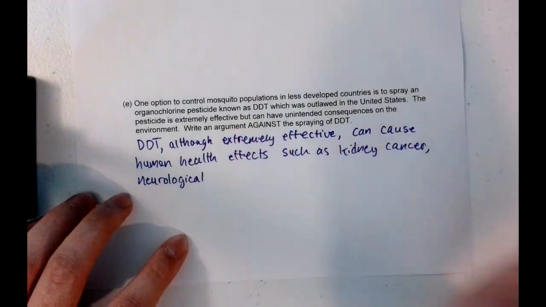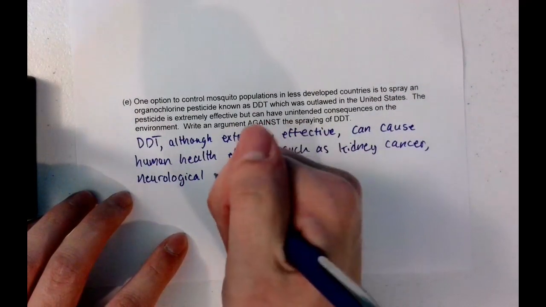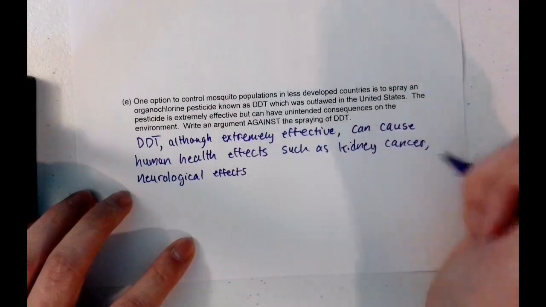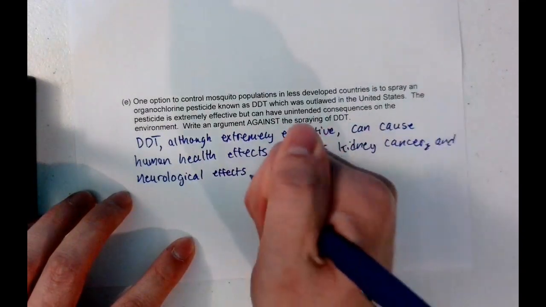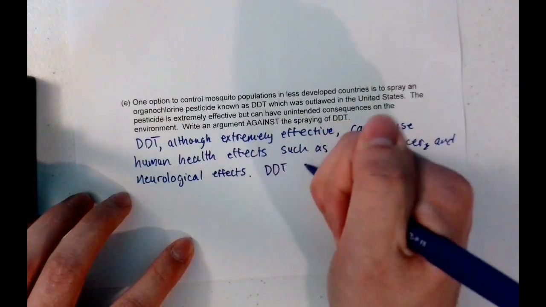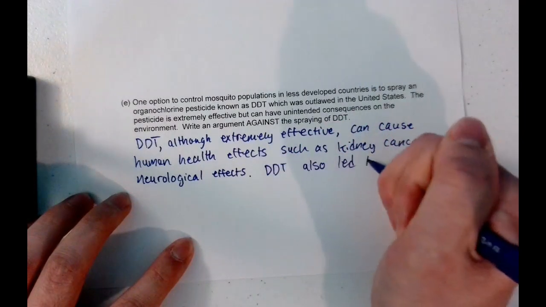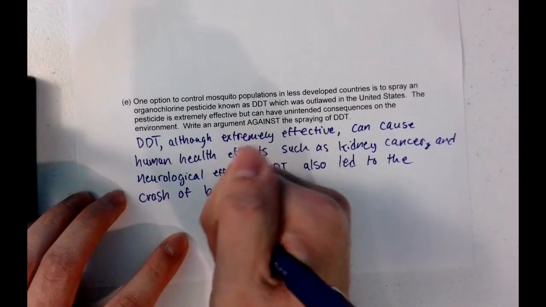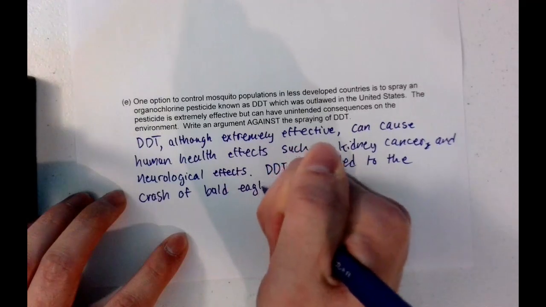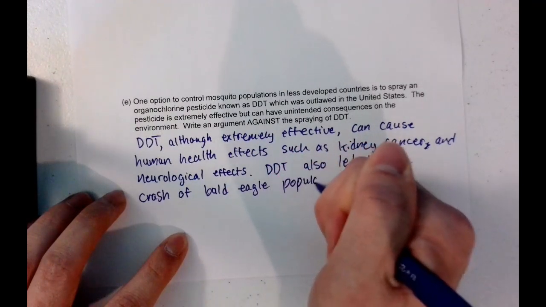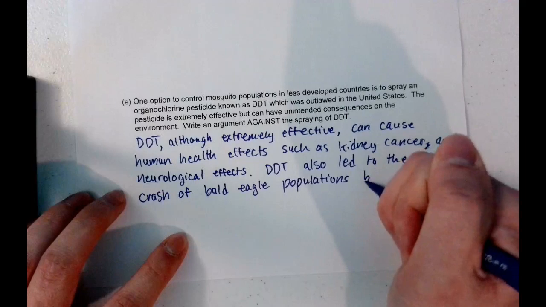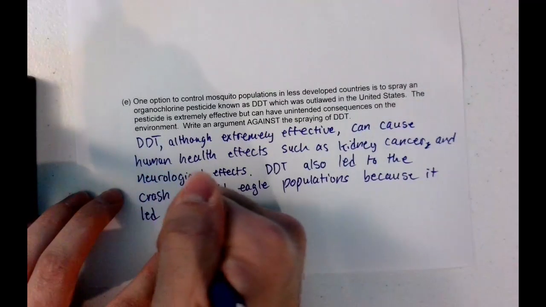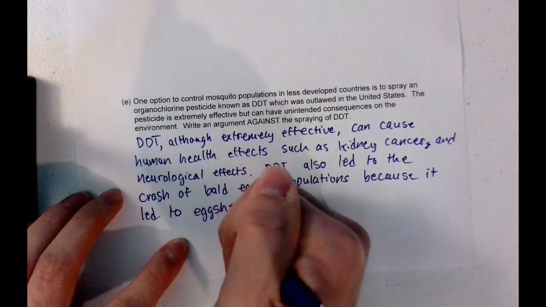All right, remember, if you say cancer, you have to give a specific type of cancer. Neurological effects. I'm just going to say, and DDT also led to the crash of bald eagle populations because it led to eggshell thinning.